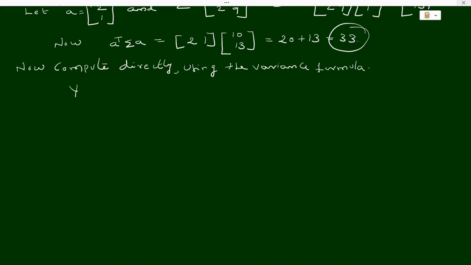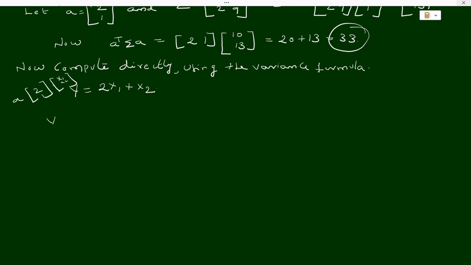So y will be, since A is 2 and 1, multiplied with x1 and x2, therefore 2x1 plus x2.